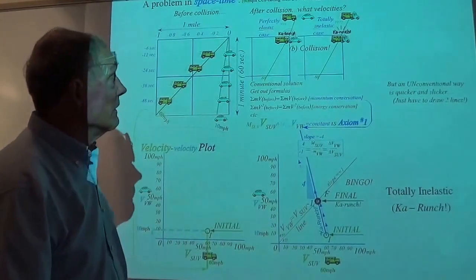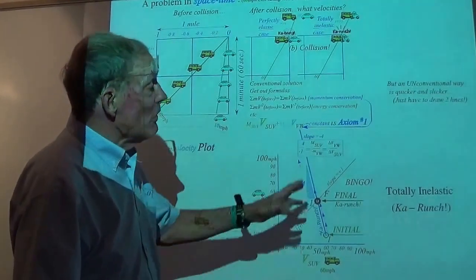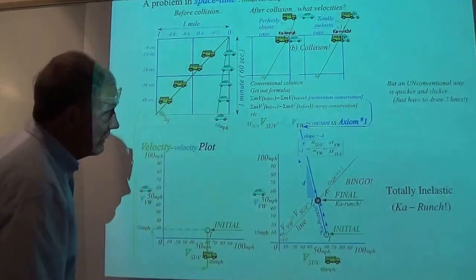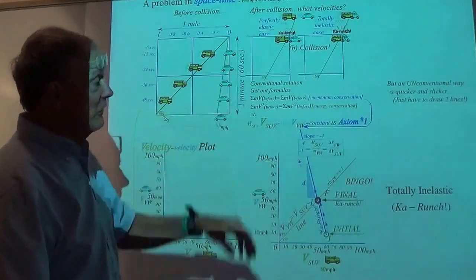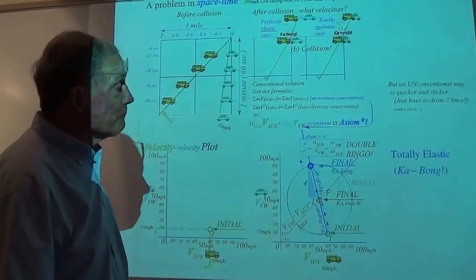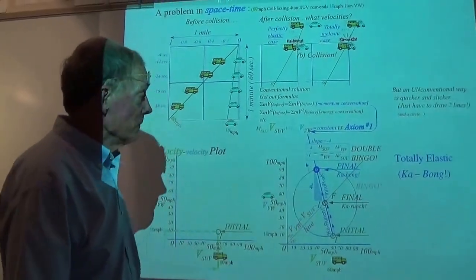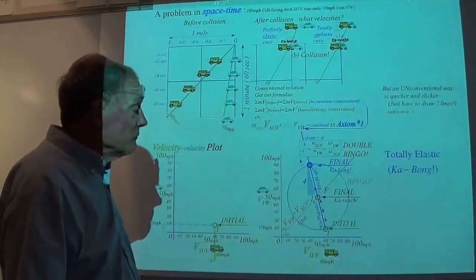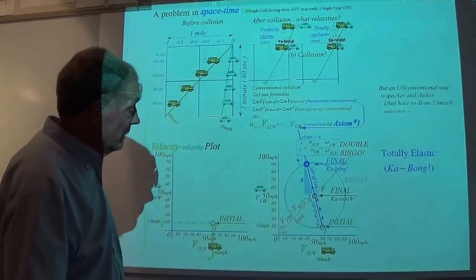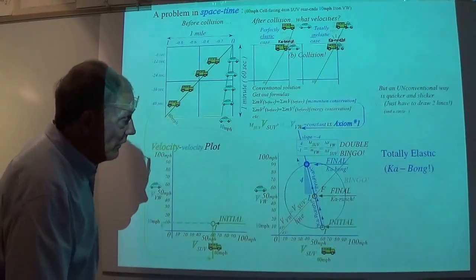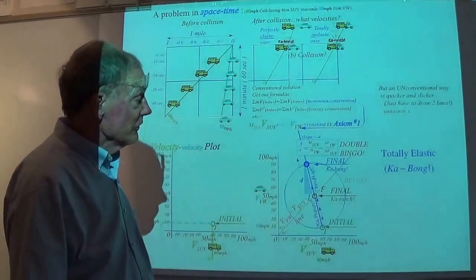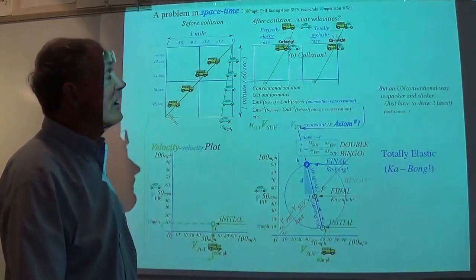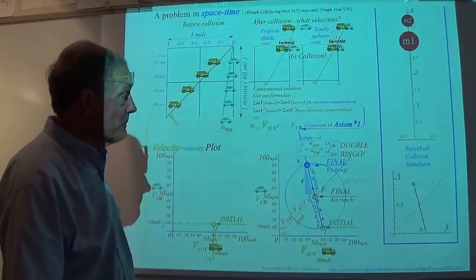First of all, if we're going to have a kabong collision, a totally elastic collision, to get that perfect rebound without damaging appreciably either of the two vehicles, that's what an elastic collision really means, that it comes out of the collision unscathed, so to speak.